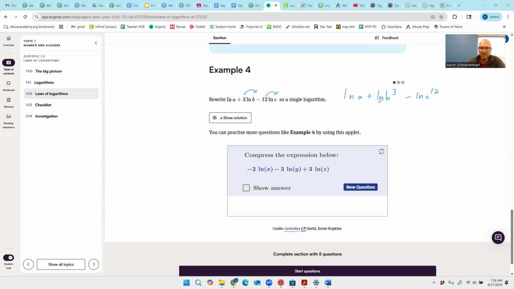Addition, when I combine them into one, means multiplication, and I can just do it in the same step. Subtraction means division. So anything with a minus is going to the denominator. Anything with a positive is going to the numerator. And there's my single logarithm. That's it for 1.9.